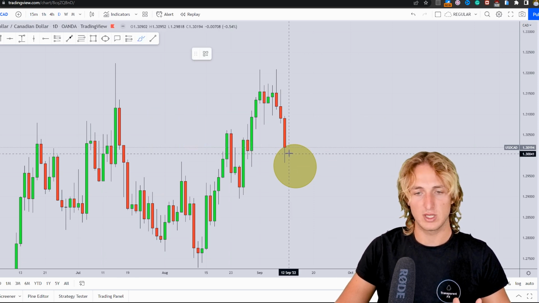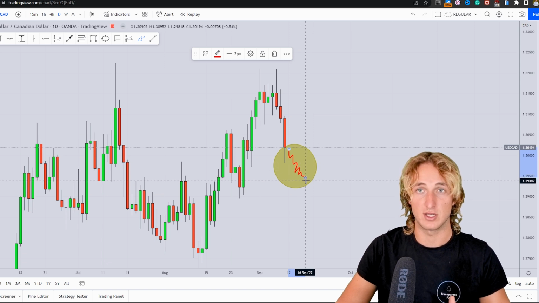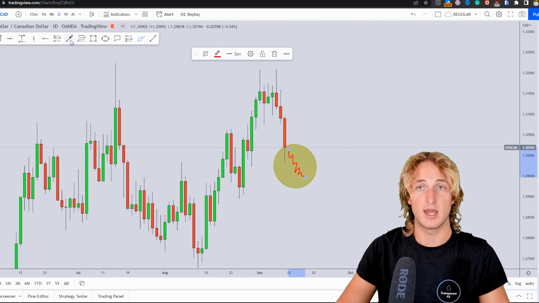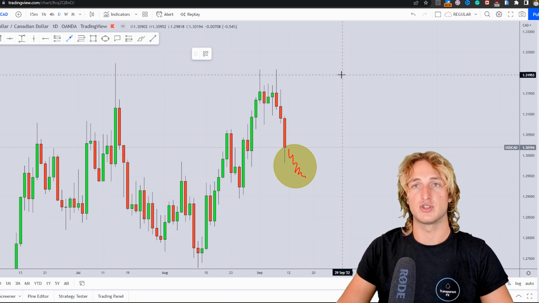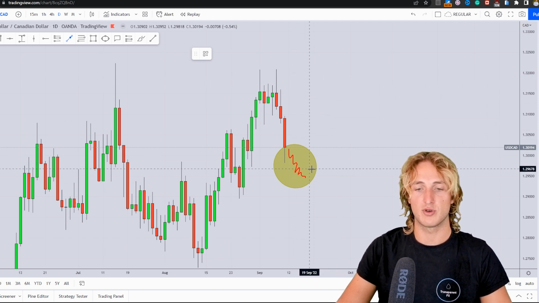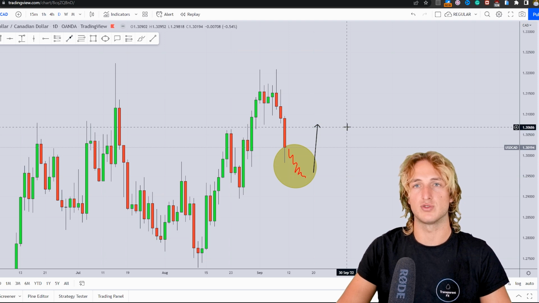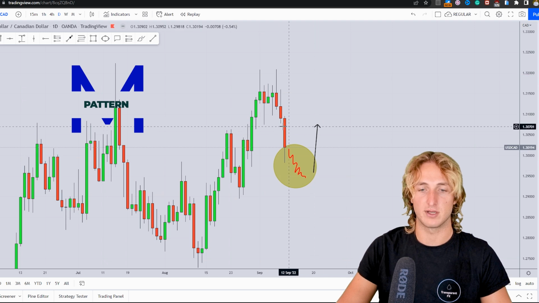Therefore, what we could be doing is monitoring price action from an intraday perspective during this move to the downside, waiting for the market to shift from an intraday bearish market, as we would have, to an intraday bullish market. And if the market would shift from an intraday bearish to bullish market and provide to us one of our valid entries, at that point we could be looking for a potential rejection to the upside for the market to complete this M pattern at the neckline.